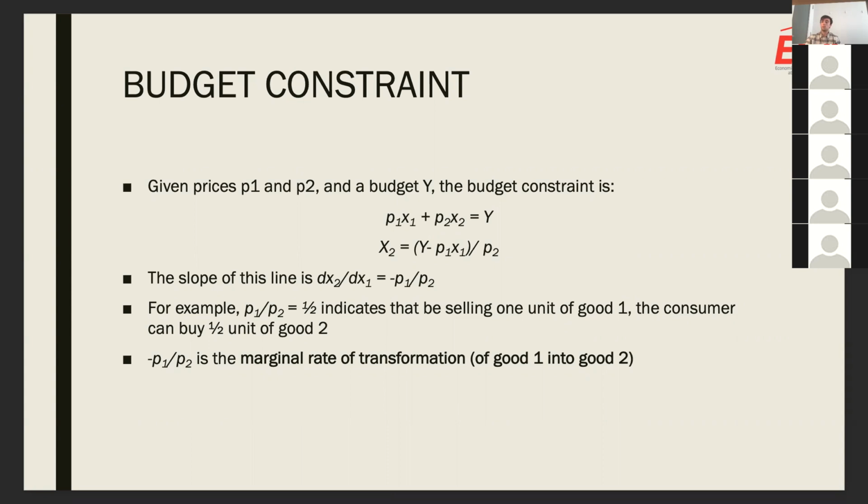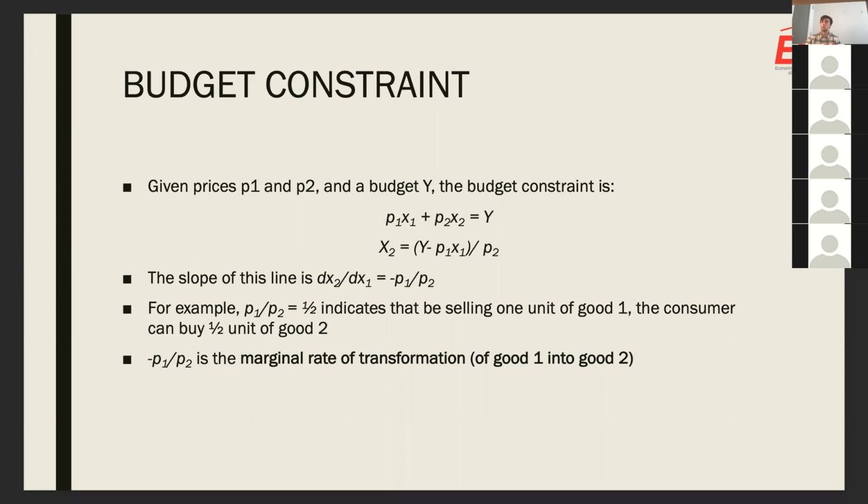If you want to rewrite that, the quantity of good 2 is equal to your budget minus the price of good 1 times the quantity of good 1, divided by the price of good 2. The slope of this line if you were to graph it would be negative price of 1 divided by price of 2.